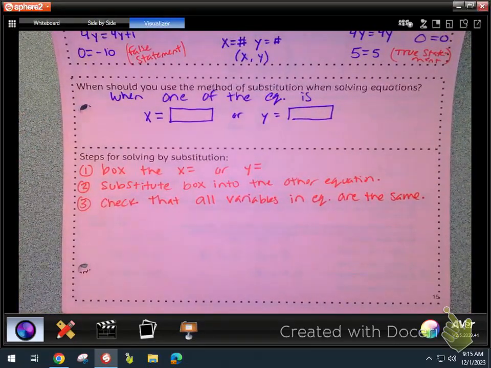You should be looking at your equation now, and you might have multiple of them, but they're all x's or they're all y's. You shouldn't have different variables anymore after the substitution, because you can't do anything if they're different variables. What was number 1? Box the x equals or y equals.